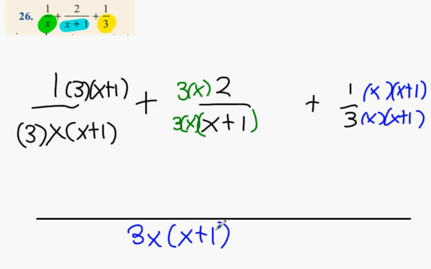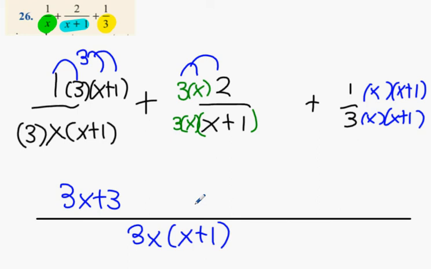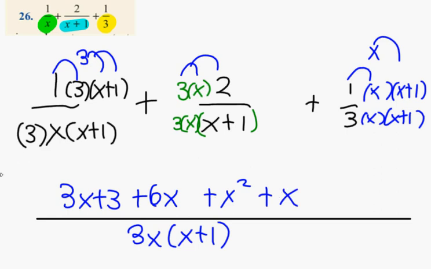Yeah. Okay, perfect. Top part, 1 times 3? 3. 3 times x times 1? 3x. Good job. 3 times x multiplied by 2? 1 times x? x times x? Okay, slow down for a sec.